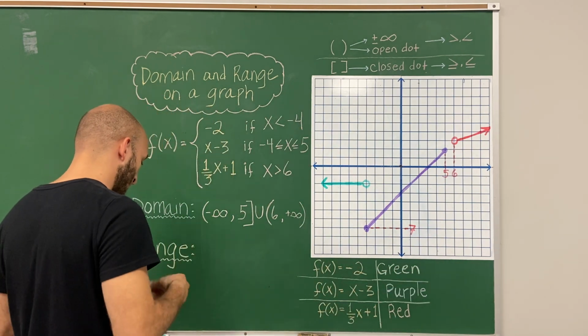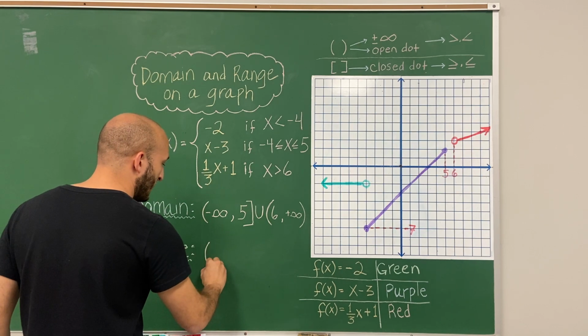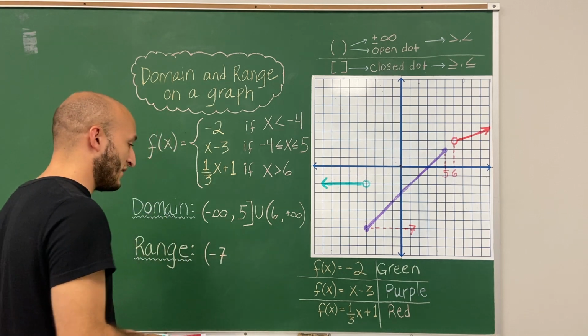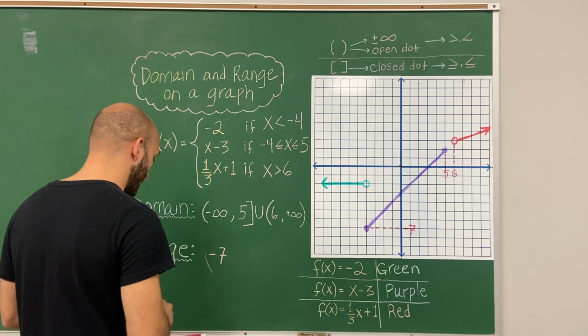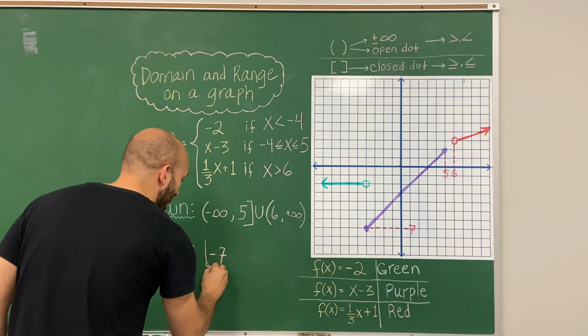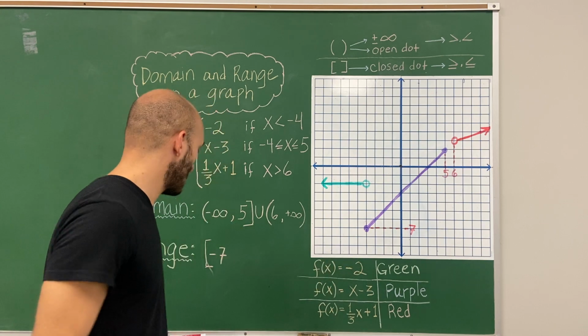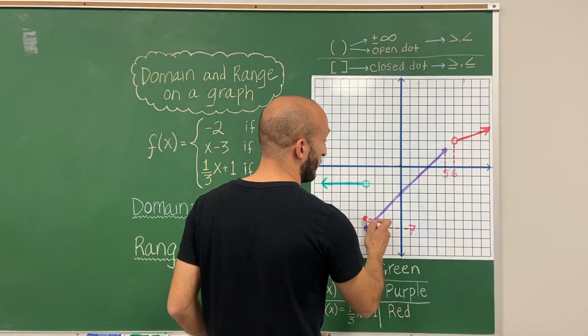So I'm going to write that value down. I start seeing values at -7. Now, I made a mistake here. It's not a parenthesis. Instead, it is a bracket, a bracket because it's a closed dot. I continue asking myself, going from the x-axis to the y-axis, are there values?